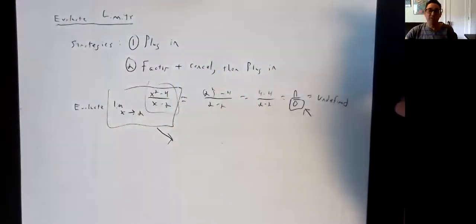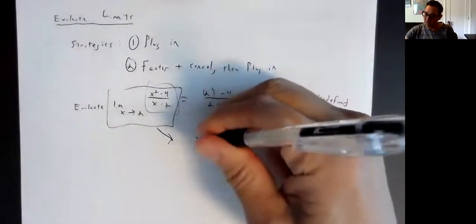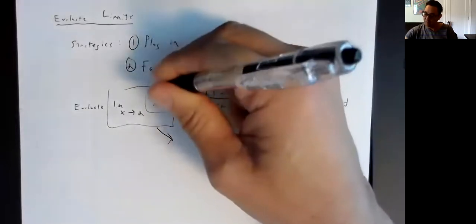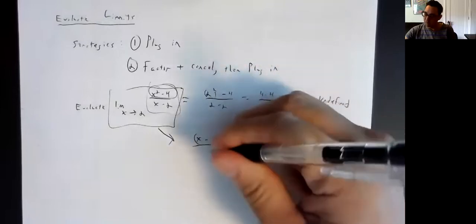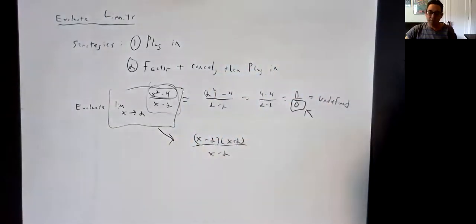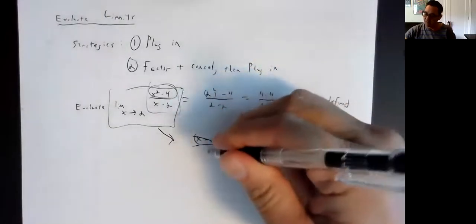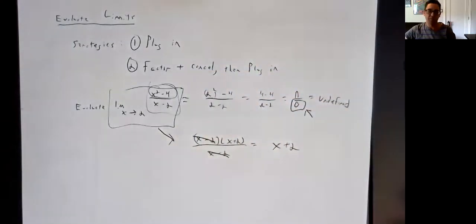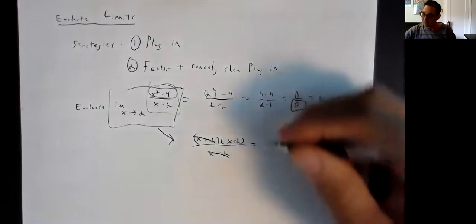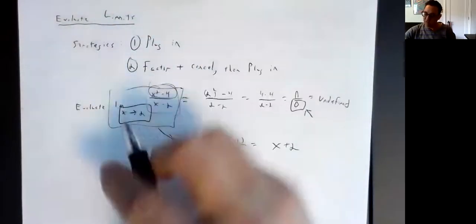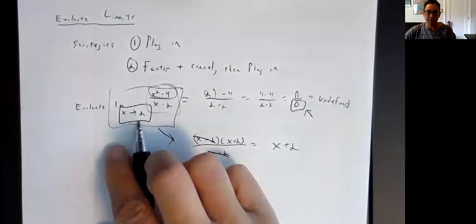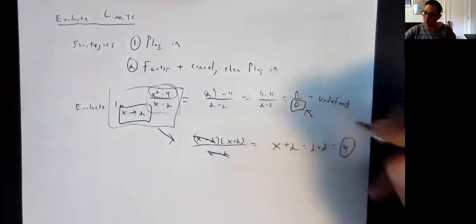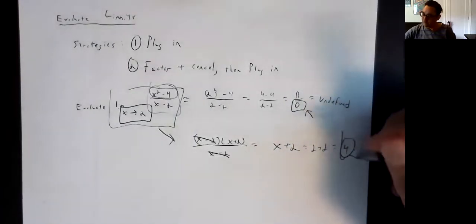X squared minus 4 is a difference of two squares, remember that? So that factors to x minus 2 and x plus 2, that's this part, all over x minus 2. And if you remember from rational things, these cancel. So you just get x plus 2, right? And now that you have that, take this x and plug whatever number they have into it. So that's 2 plus 2, which is 4, and that's my actual answer.